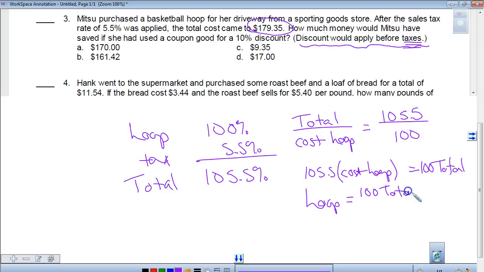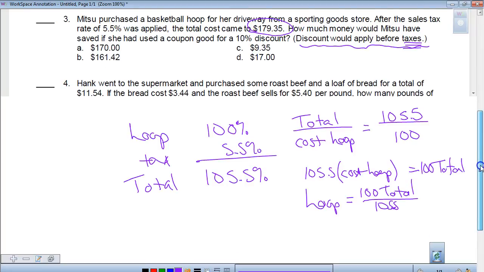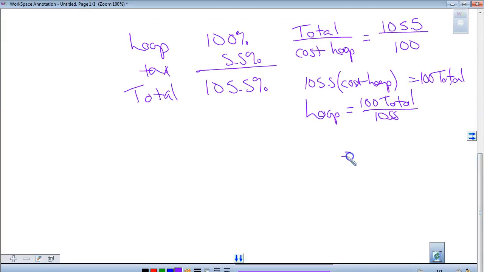So 100 times the total over 105.5. Okay. And now looking at that, we know that our total back up here in the problem was 179.35. So that is 100 times 179.35 divided by 105.5. And putting that into the calculator gives us that the hoop cost $170. That was the cost of the hoop that they were charging.